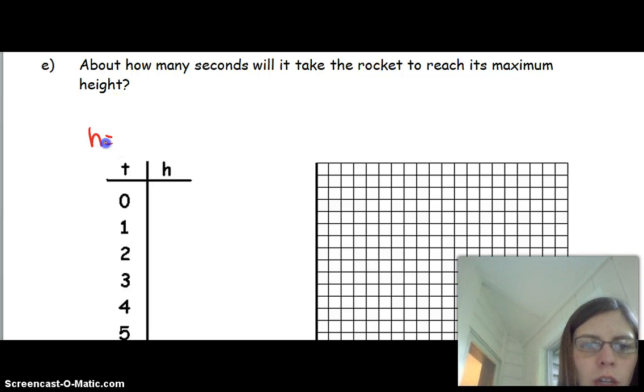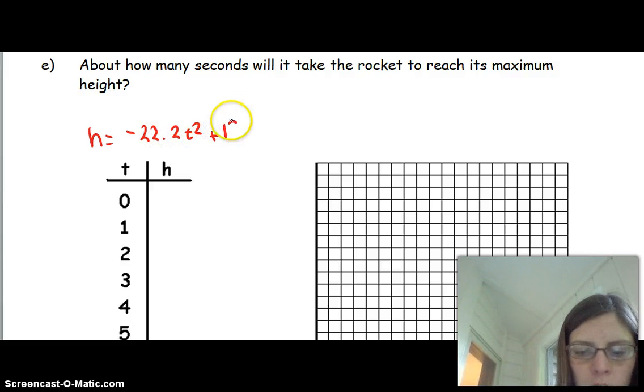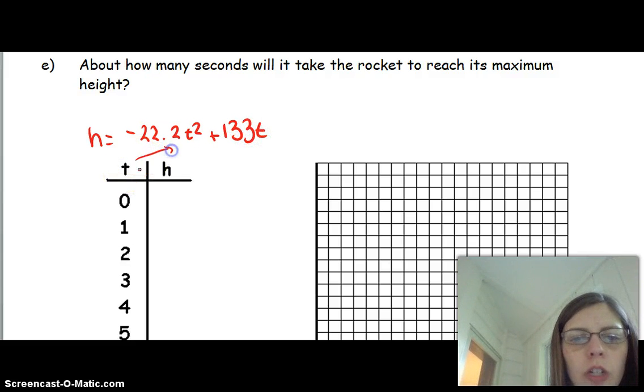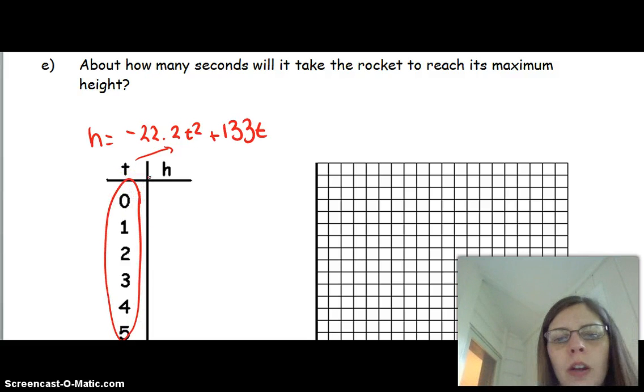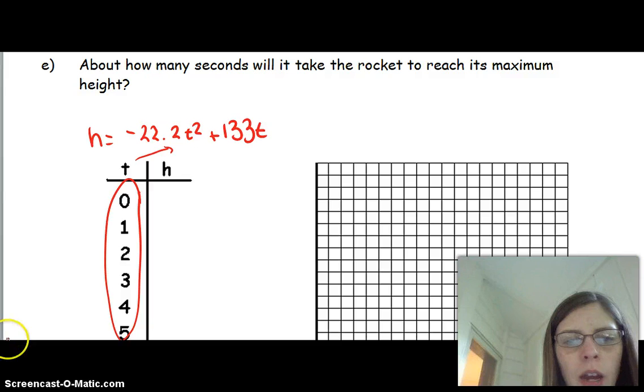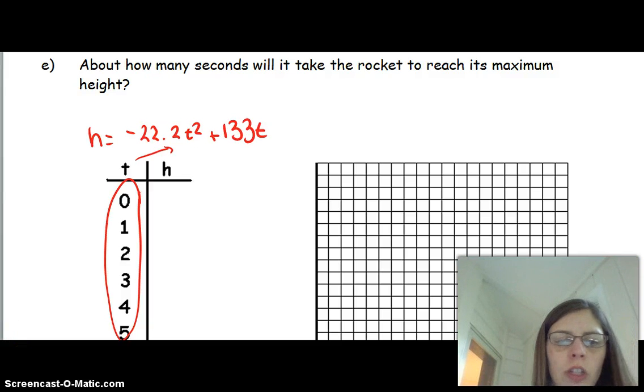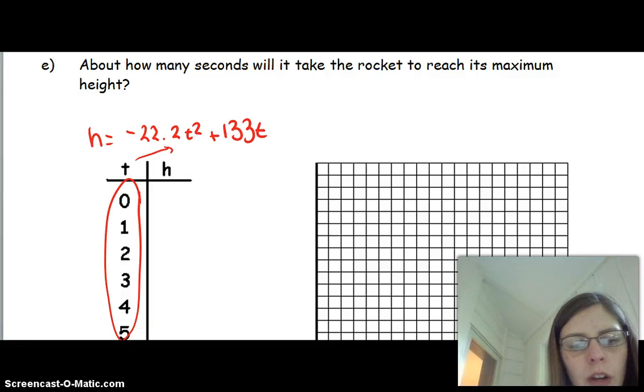H equals negative 22.2 t squared plus 133 t. And we're going to fill that in for each of the t values here. So I'm going to take some time now to pause the video and work through those, and then you can check your answers when you unpause the video.